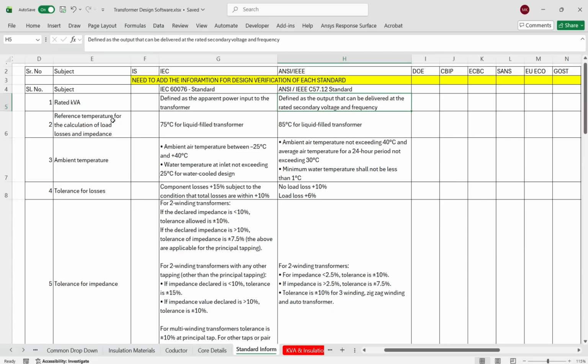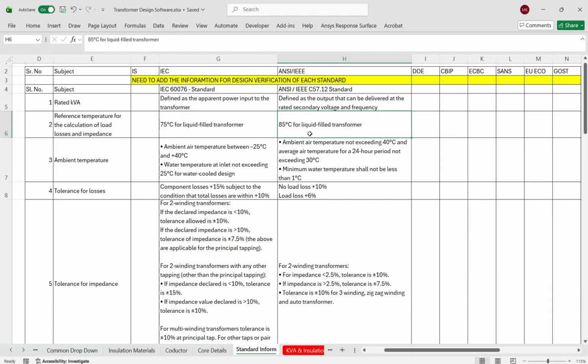Then the reference temperature for the calculation of load losses and impedance: for IEC 75 degrees Celsius, for liquid filled transformer 85 degrees Celsius for IEEE.